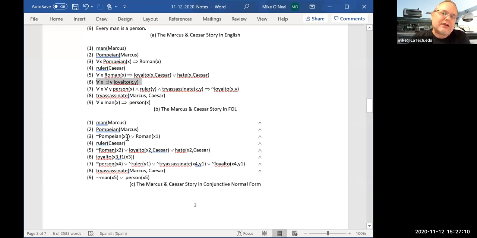And that's really all I'm saying here. If you can find an x1 that makes Pompeian x1 true, well then this statement, not Pompeian x1 or Roman x1, will be true. So the universal quantification just means it's any variable. And if that variable makes this relationship true, then you can conclude this relationship.